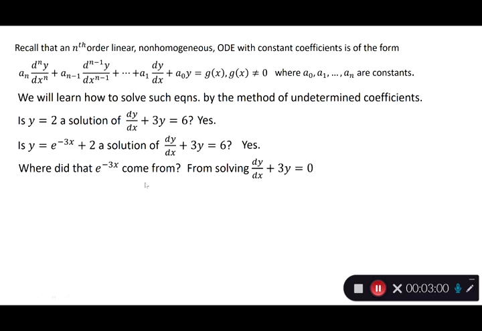From solving dy dx plus 3y equals 0. But I thought the original equation was dy dx plus 3y equals 6. Yep, that's the idea. If you solve what is called the corresponding homogeneous equation, you will get a certain solution.